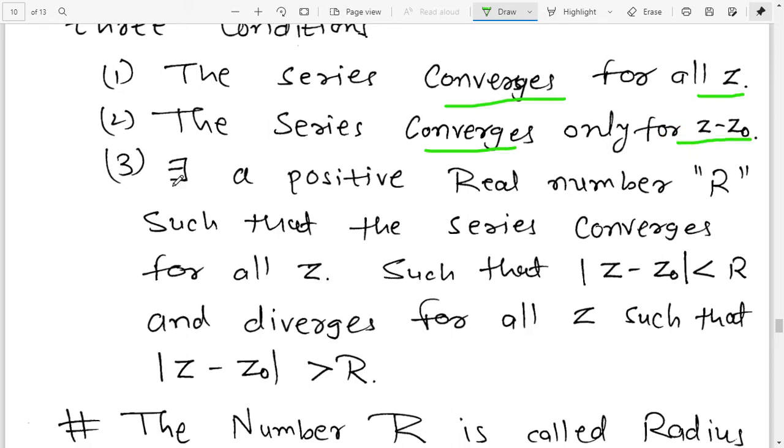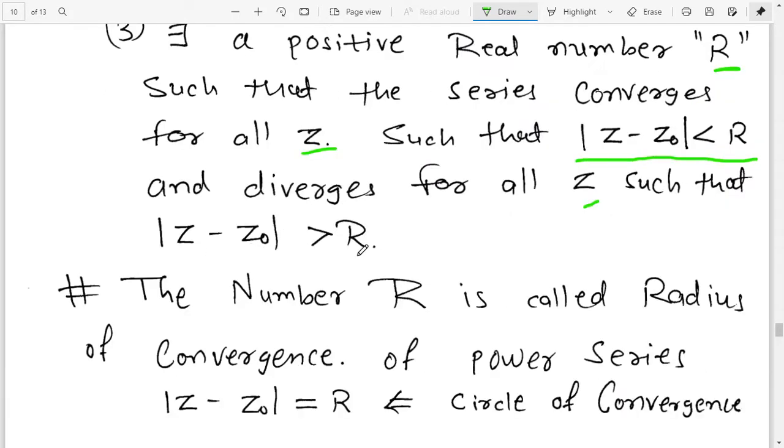And third, there exists a positive real number r such that the series converges for all z such that mod z minus z0 is less than r, and diverges for all z such that mod z minus z0 is greater than r.